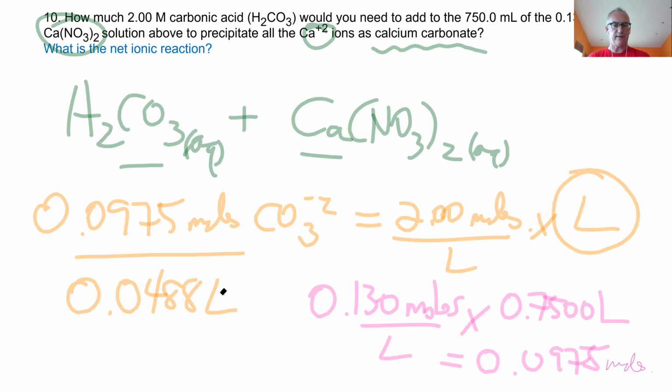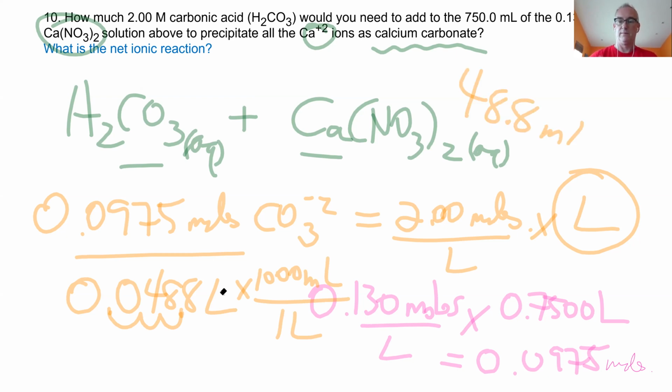So we get 0.0488 liters. Right, so how many milliliters is that? We multiply it by 1,000 milliliters for every liter. And so we just go 10, 100, 1,000, 48.8 milliliters. And 3 significant digits, right?